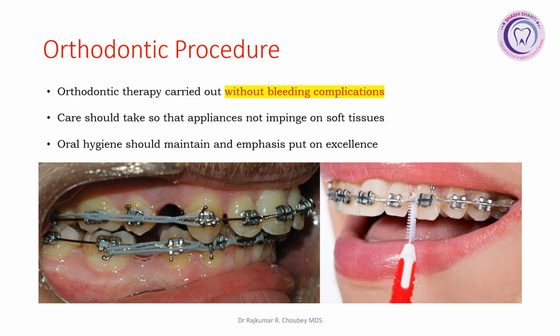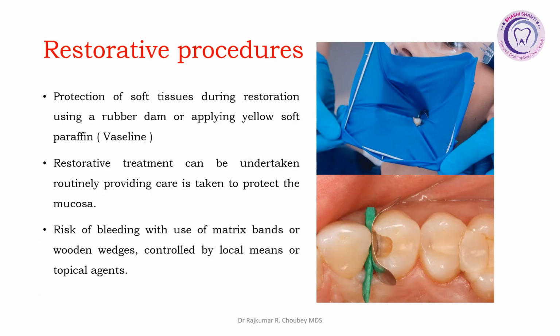In the restorative procedure, a rubber dam should be applied to isolate the tooth, because during the application of the wooden wedges and the metallic stainless steel band, pressure is caused on the gingiva and bleeding will start. Why place this band?